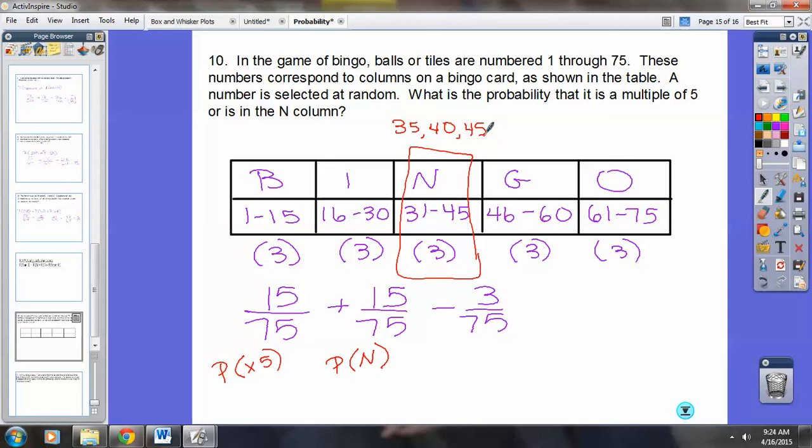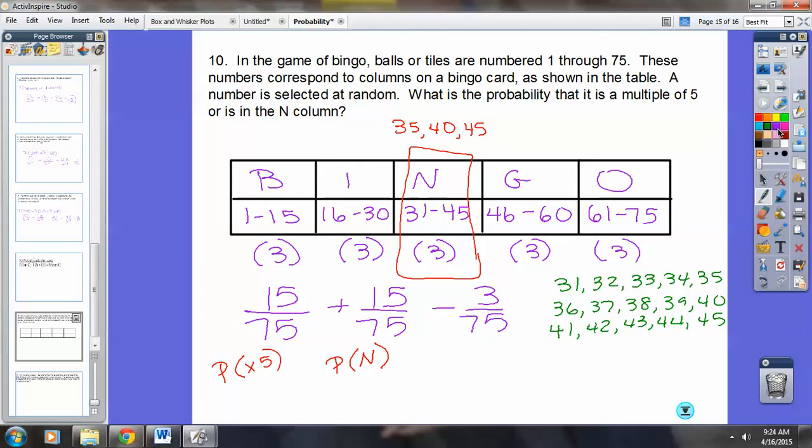For the second probability, that was all the total numbers in the end column. Well, what numbers do I have in the end column? 31 to 45: 31, 32, 33, 34, 35, 36, 37, 38, 39, 40, 41, 42, 43, 44, 45. There are 15 of those numbers, right?